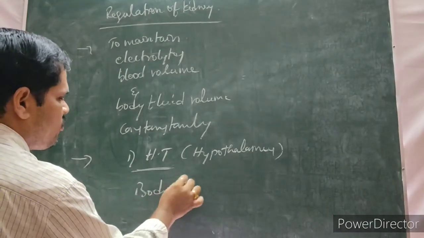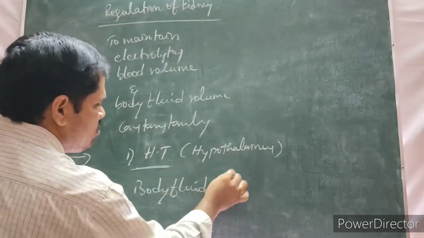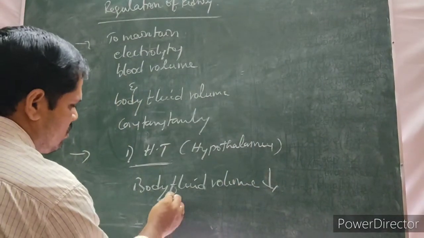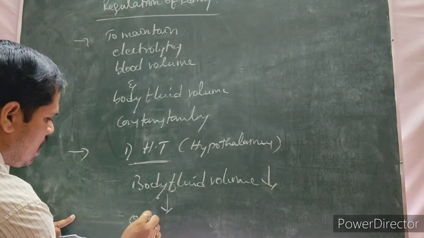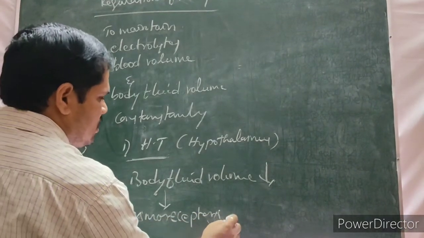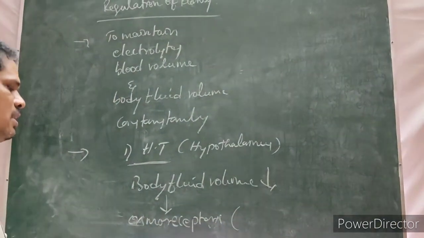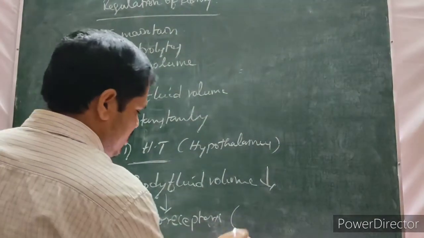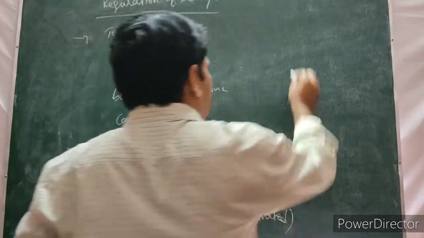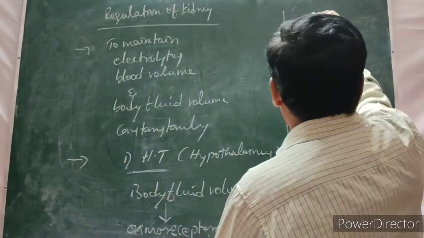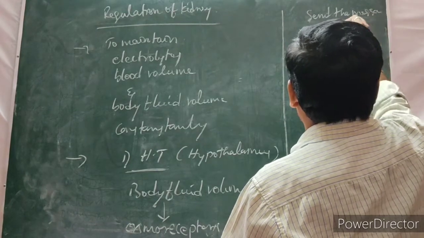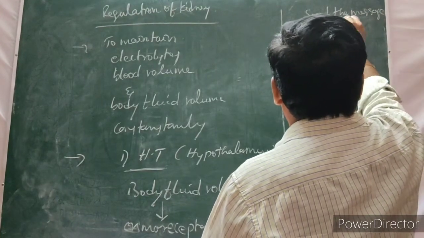Whenever the body fluid volume is decreased, the osmoreceptors present in the body are activated. Osmoreceptors are activated, and then send a message to the hypothalamus.